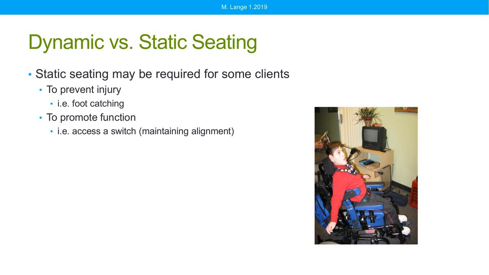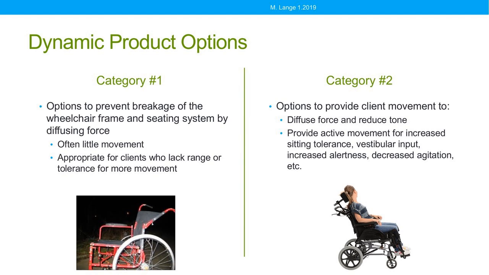And perhaps if they are using a switch, like this young man here by the side of his head, if his seating system moves, he might lose alignment with that switch. So there are times where static seating may be required. I am finding in my own practice that most of my clients who I think can benefit from dynamic seating are doing so, and I'm not finding very many of these exceptions.